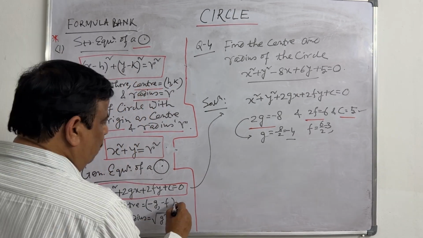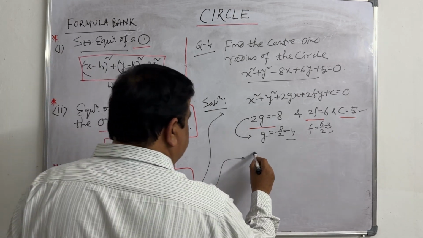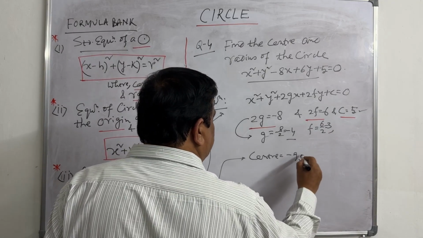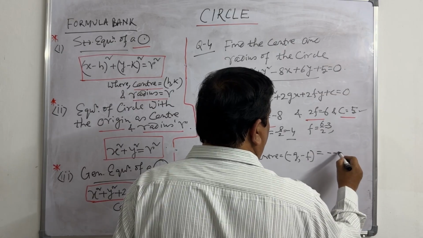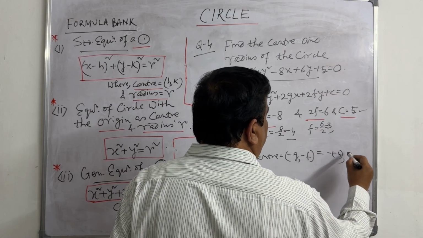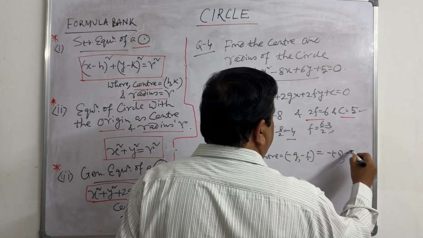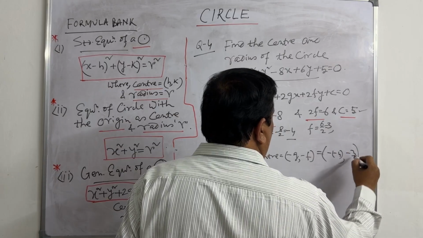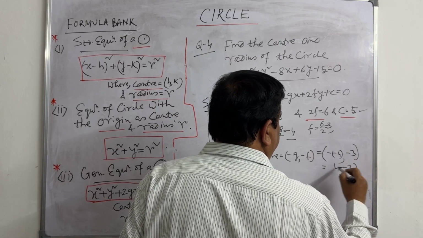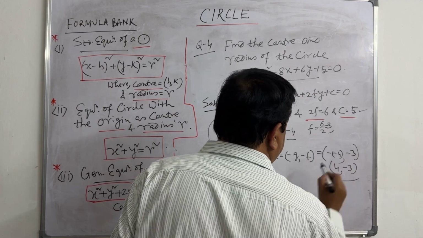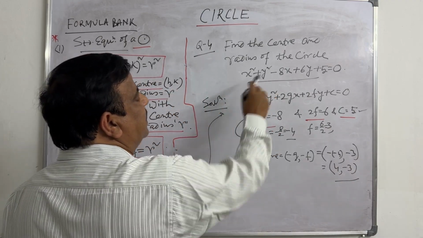The center is (minus g, minus f). g is minus 4, and f is 3. So what is the center? That is (4, minus 3). Okay, so this is the center of this given circle.